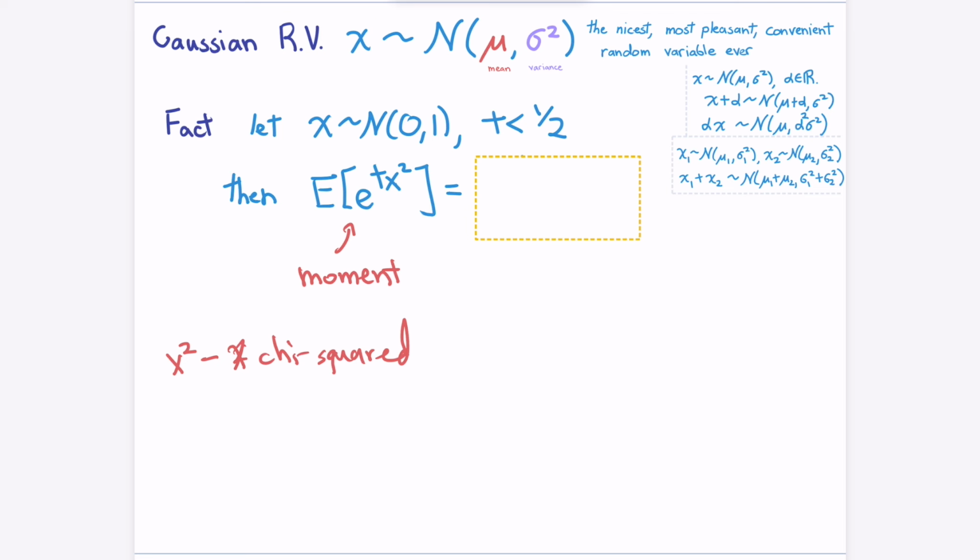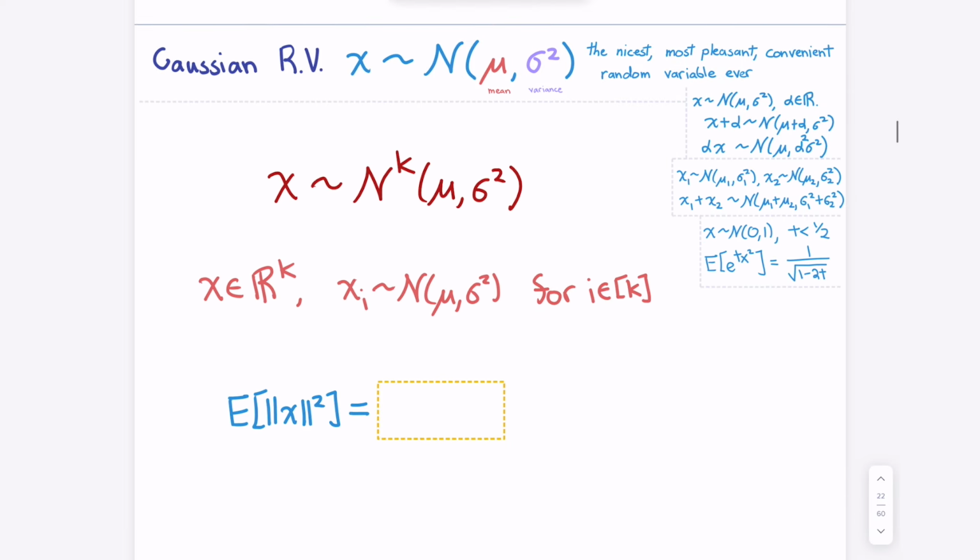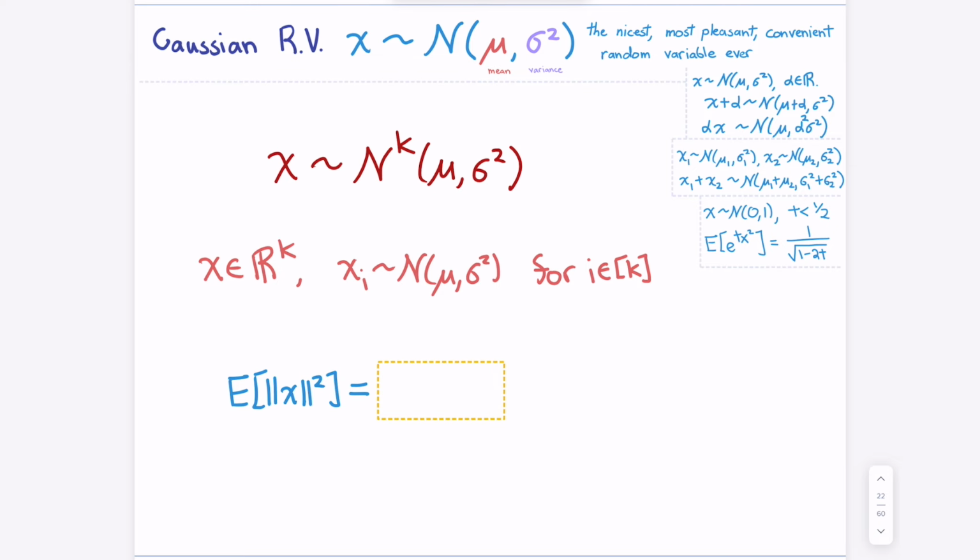So the real question is whether this is going to be a relatively small value or an unbounded value. The answer apparently is 1 over square root of 1 minus 2t. So it actually gets fairly small when t is negative. Okay, good.